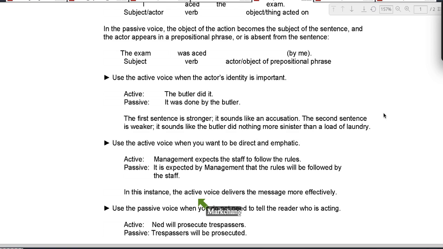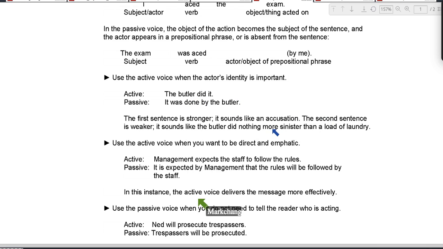Okay. So in this first sentence, you see that it sounds like an accusation. So when you say the bullet did it, you are only giving the blame to the bullet. What did it? The bullet.